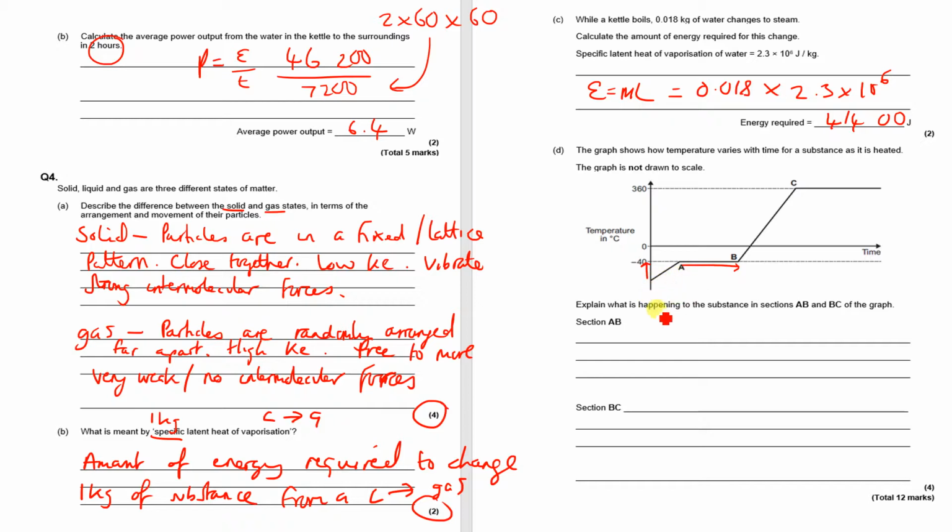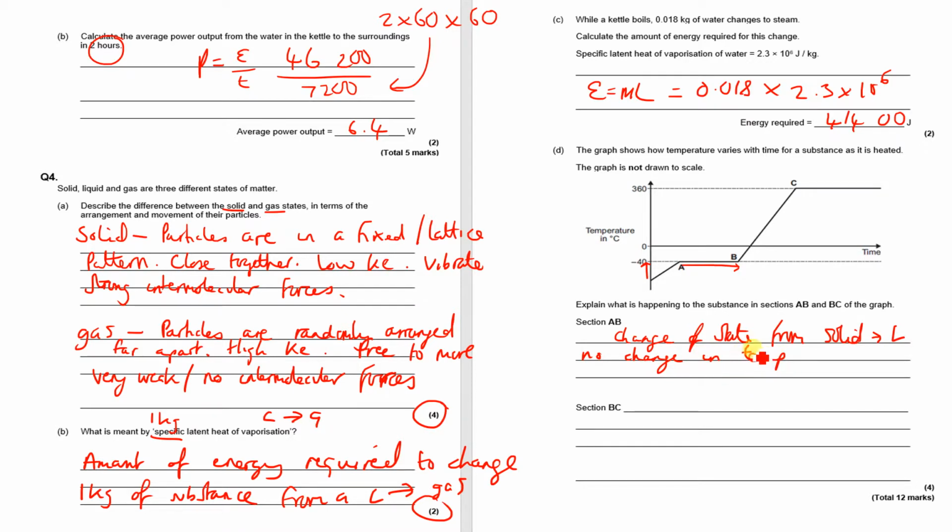So from A to B, it's changing from a solid to a liquid. So this is the state change. So change of state from solid to liquid. Clearly, because it's at -40, there is no change in temperature, and that is really important.